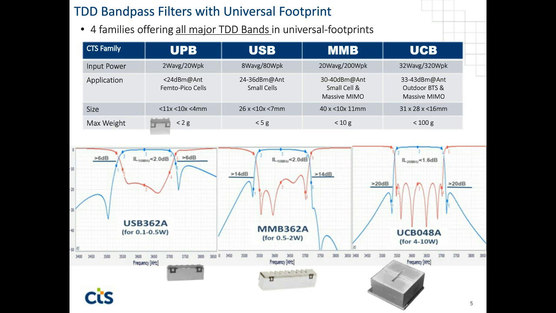Here we're showing side by side the three bands, all in band 48, which is the CBRS band. In fact, band 48, the CBRS band, is available in all four of these families, and it's only which one has the rejection that you need in order to meet what are extremely demanding FCC requirements in order to achieve, for example, the minus 40 dBm per megahertz that the FCC requires at 20 megahertz away from the passband.